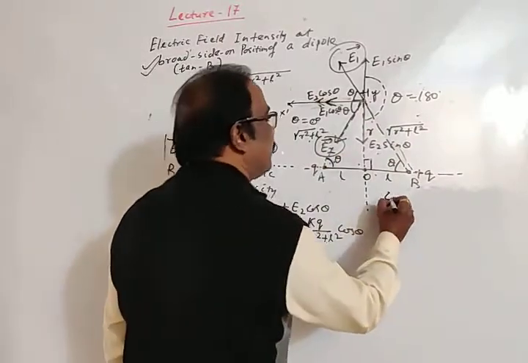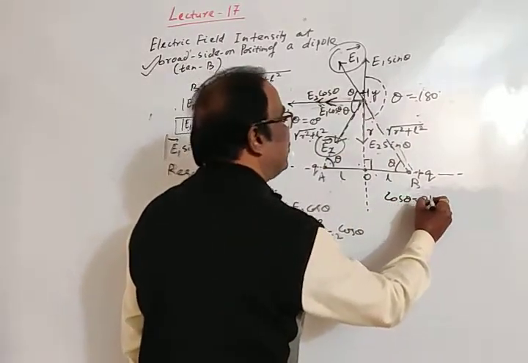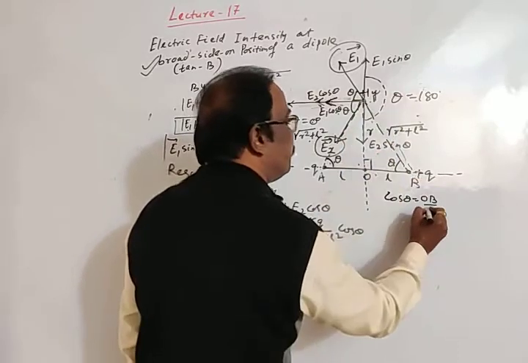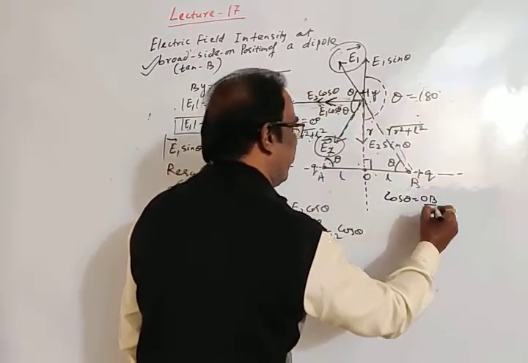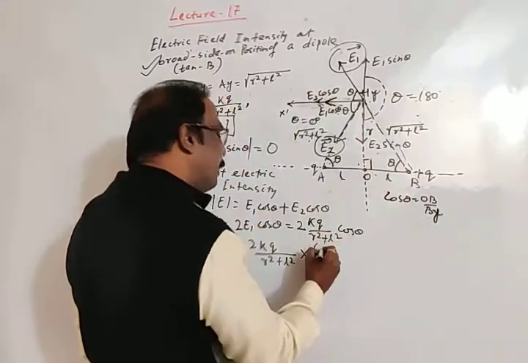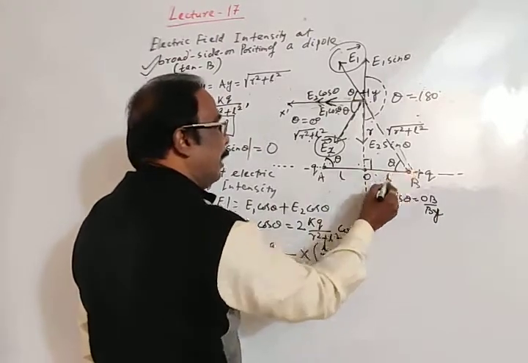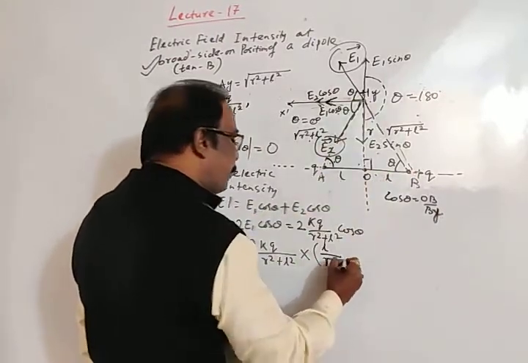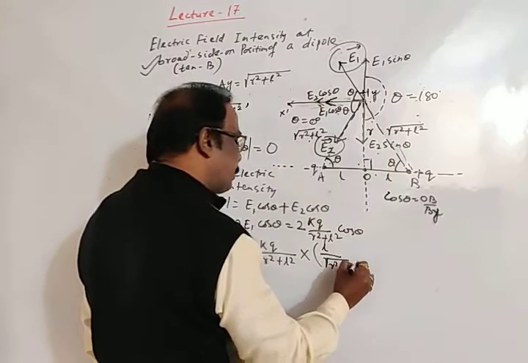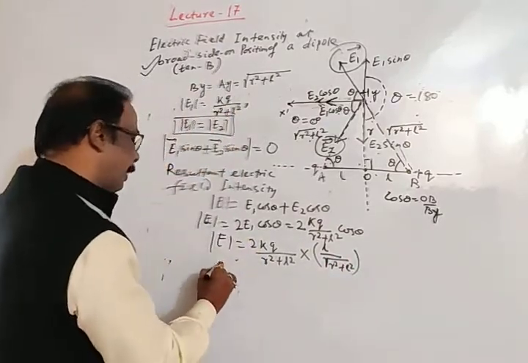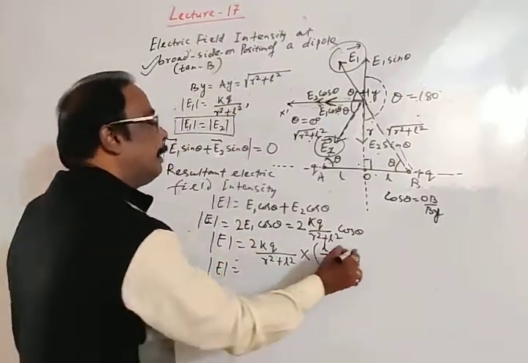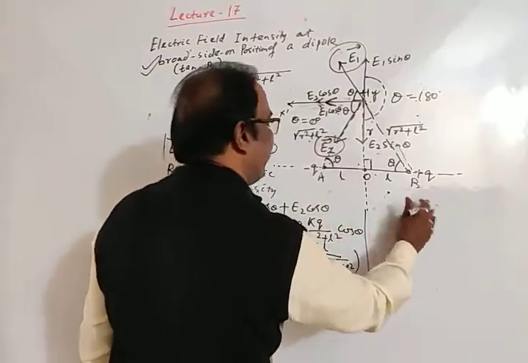Base is OB, hypotenuse is BY. Then in place of cos theta we will write OB is L, BY is square root of R square plus L square.